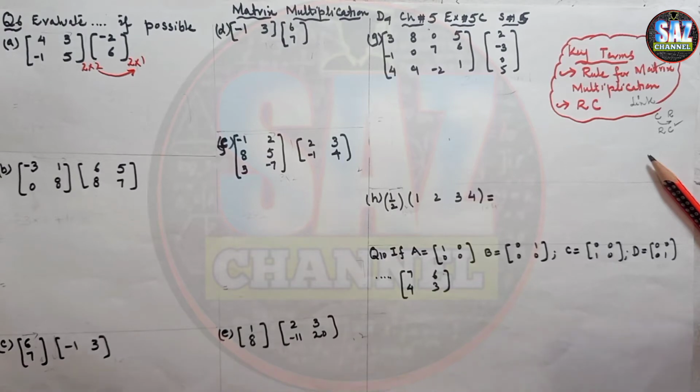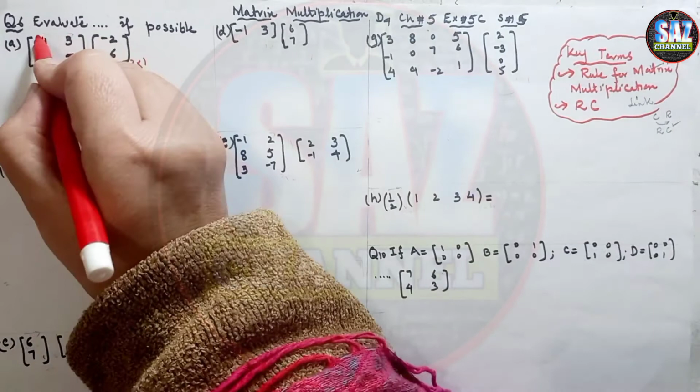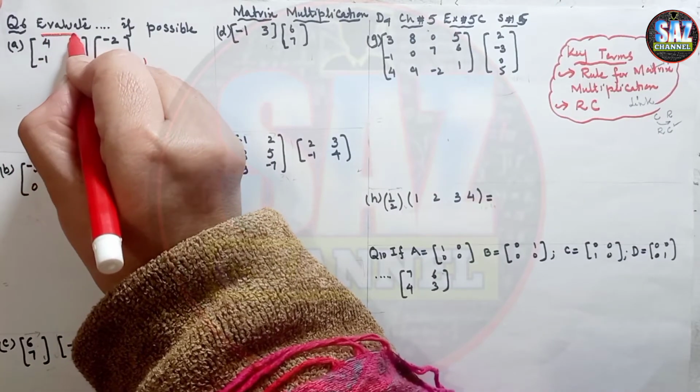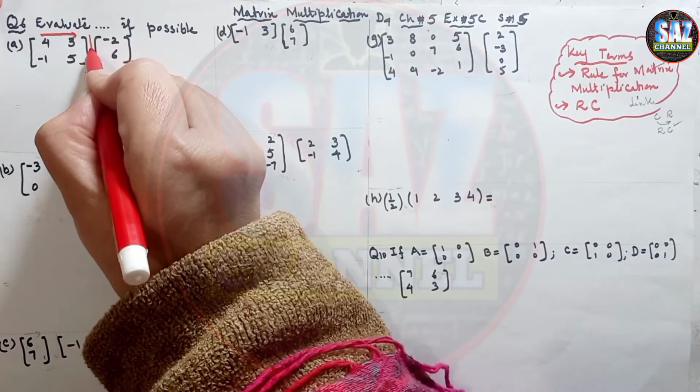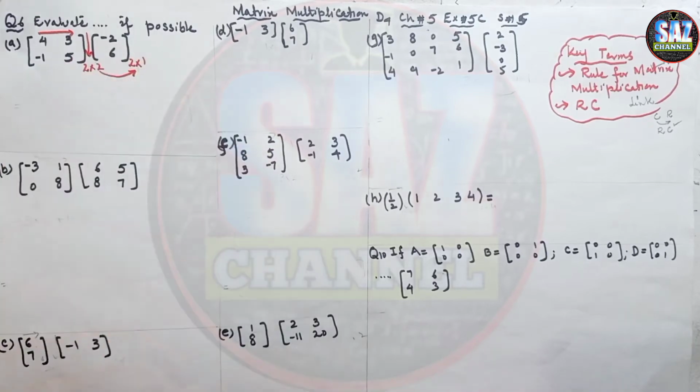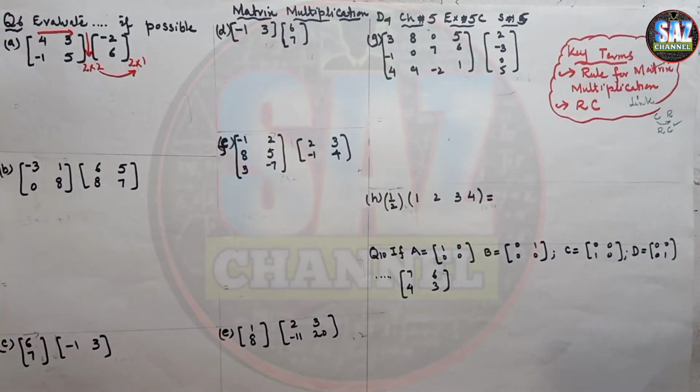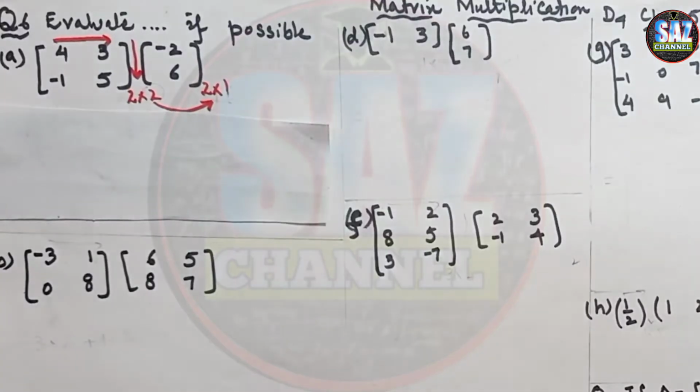And now we have to apply the RC rule. What do we mean by the RC rule? I have to take this row and multiply it with the column of the second matrix, and then repeat the process with the second row. So let's move to the product of this matrix.